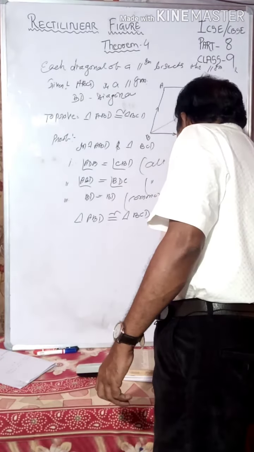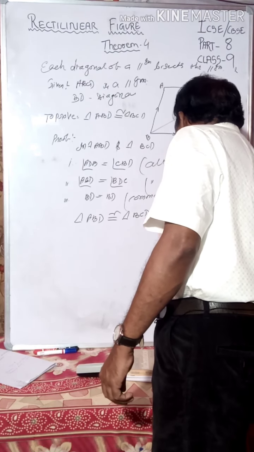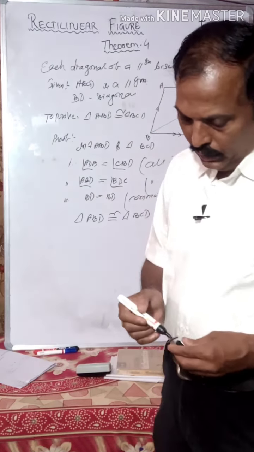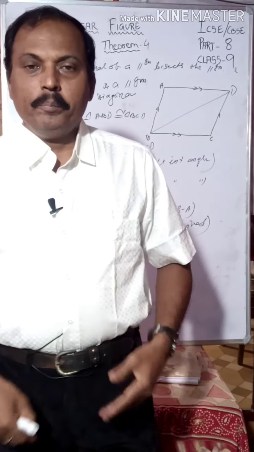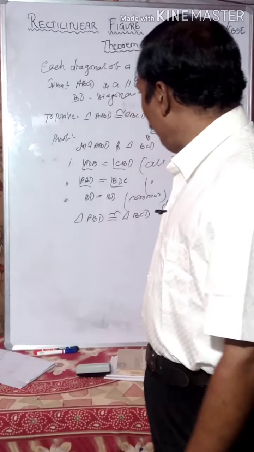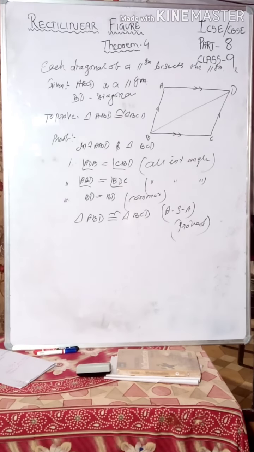This is the proof, nothing else. This is proved. So two triangles are congruent, equal, so their areas are also equal. Now take a screenshot. You can do it on your own by drawing the AC diagonal. Now we will go to the next theorem.